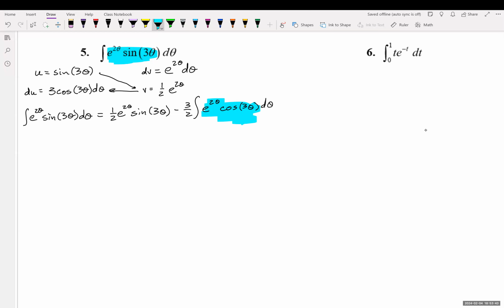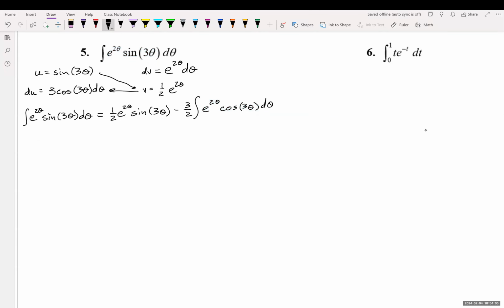But as I'm sure you can imagine, we're going to get, again, kind of a similar iteration of this. But when we integrate cosine, we're going to get some version of sine, right? With the 3 theta and all that business. And maybe at that point, we can combine it with what we have on the other side of the equal sign here. Here, let's keep going, and I'll show you what I mean.